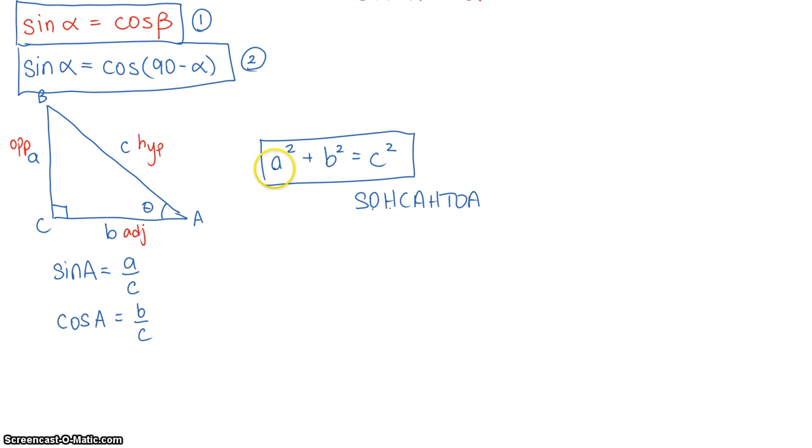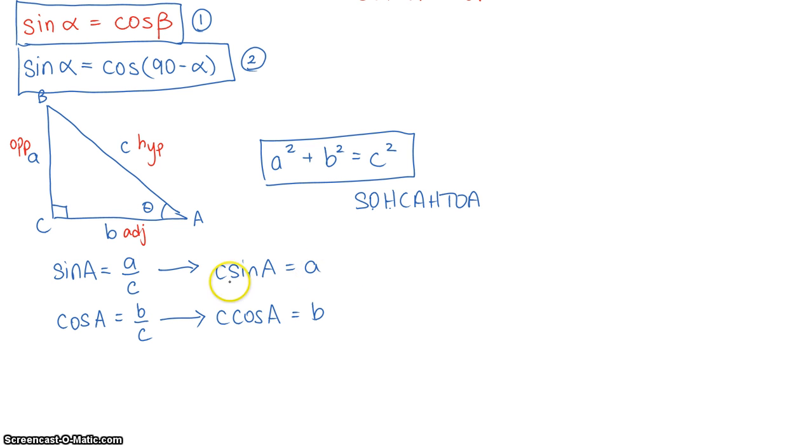Now, if we look at everything in terms of A, B, and C, let's isolate for A and for B. We take this one here and isolate for A: we multiply both sides by C, so you get C sine A equals little a. And here, if we isolate for B, we multiply both sides by C, and we get C cos A is equal to B. So we want to write A squared.